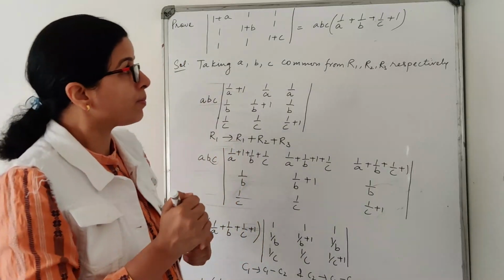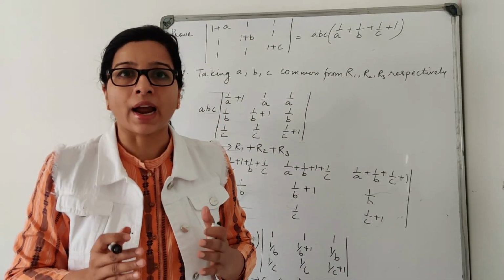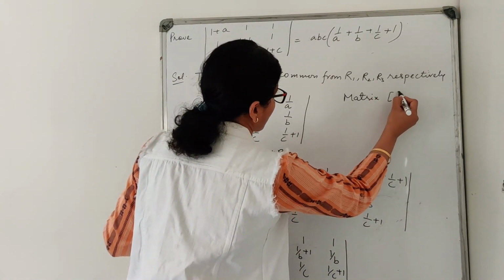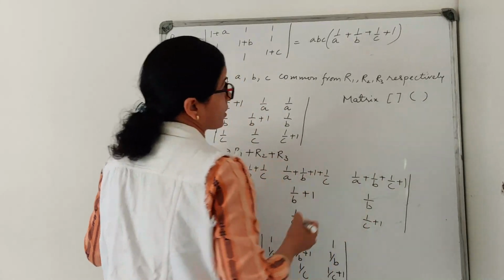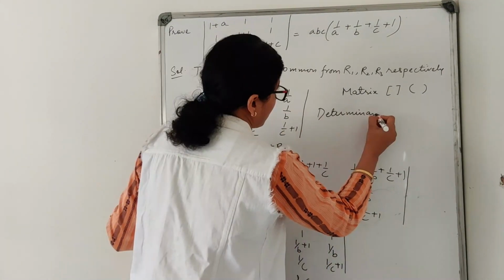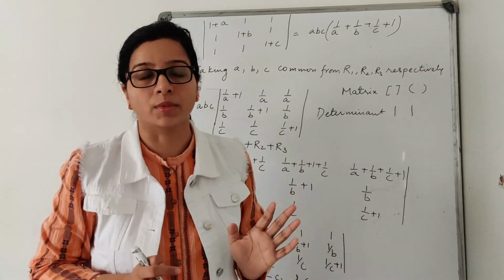Moreover, please don't get confused in the notation of the determinant and the matrix. The notation of a matrix is a square bracket or circular bracket, and the notation of the determinant is between the parallel lines, where the elements of the determinant are written.